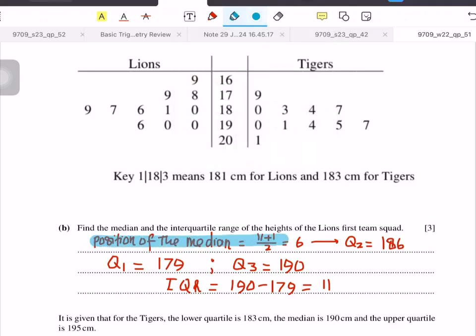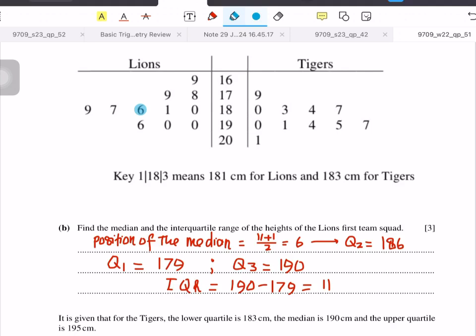Position of median is (n plus 1) divided by 2. So the position of the median is the data number 6. So it's 1, 2, 3, 4, 5, and 6. So this is the median. The median is 186.